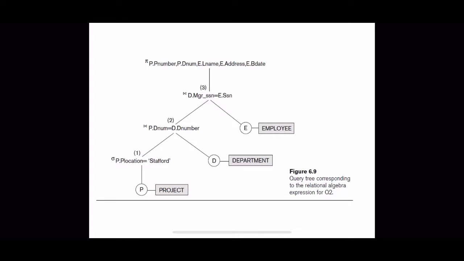First we have the project, from which we select all the projects with location value Stafford, and we join that with the department to get the department number for the corresponding projects, and then we combine that with the employee relation to get the manager SSN. So finally we will get the corresponding information of the manager. So this is how it proceeds. Any expression can be expressed like this using the query tree.